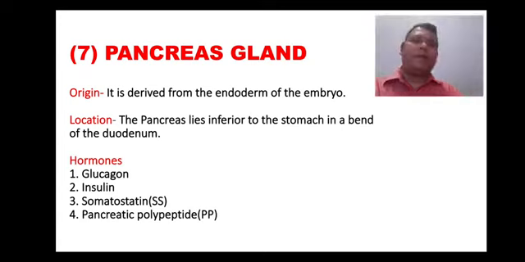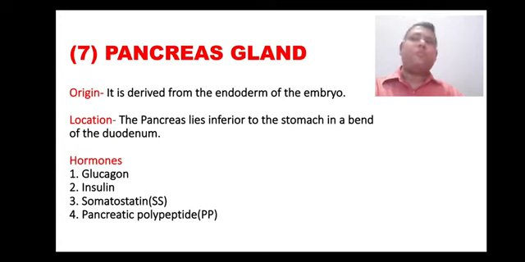Hormones of the pancreas and their roles. Actually, the different hormones. Number 1, glucagon stimulates the liver to convert stored glycogen into glucose.